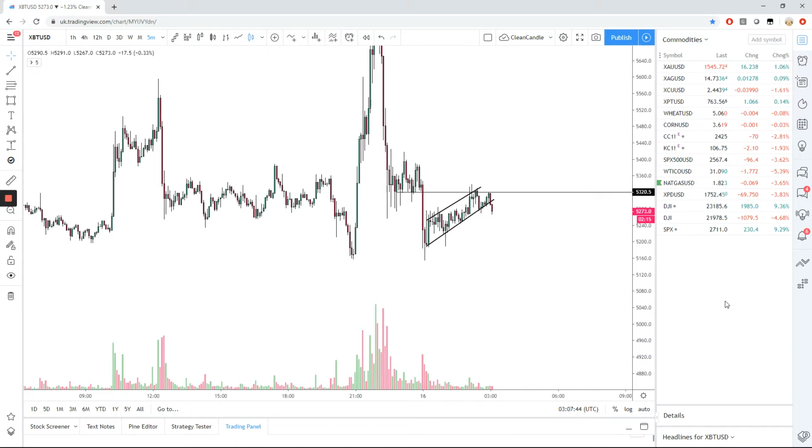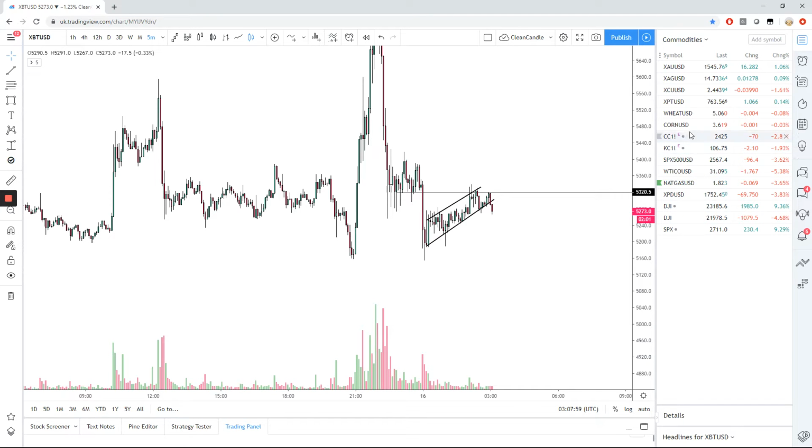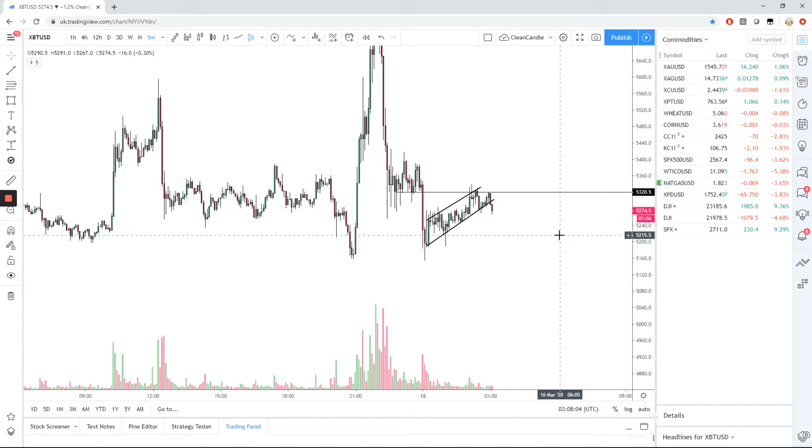And the fourth is equities. Equities are like your typical stock market, right? Your Apples, your Amazons, your Disneys, your Netflix. So they're your four key regions.